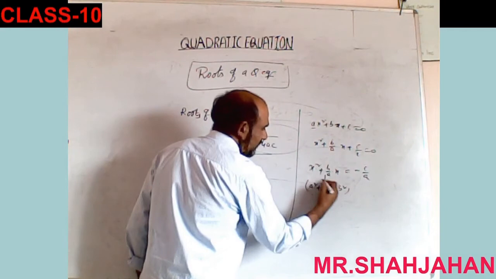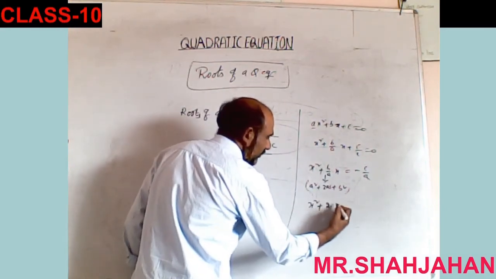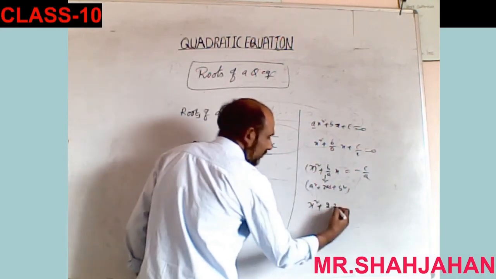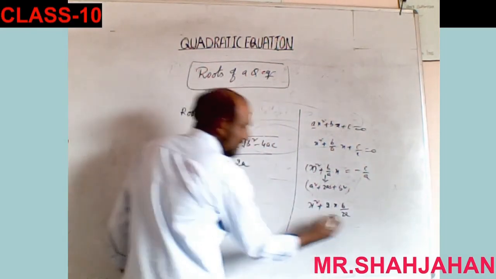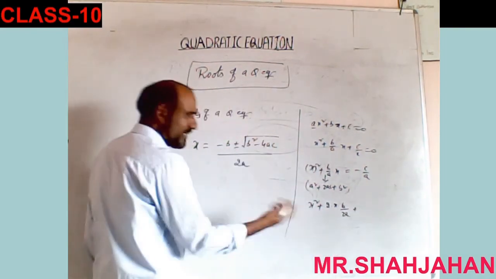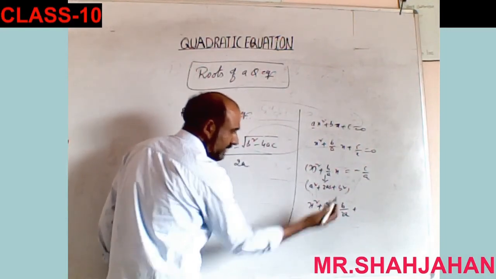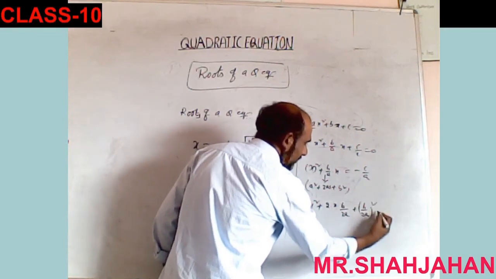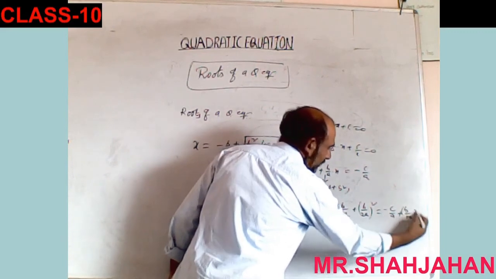I want to write this in this form. That's why x square plus 2 into a, which we already know, this is a. So 2a, b means write like this. What do I need? 2a is already there. What is b? b by 2a. That I want to add to both sides. b by 2a whole square is equal to minus c by a plus b by 2a whole square.